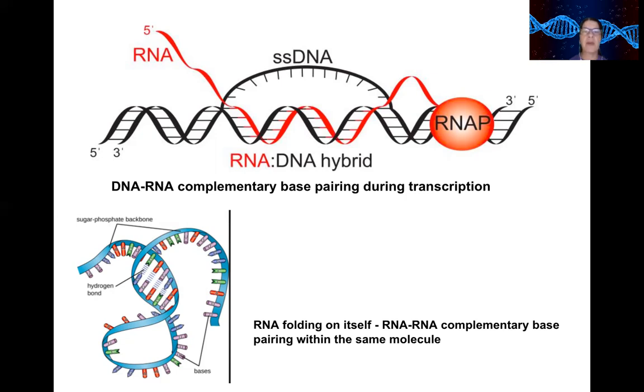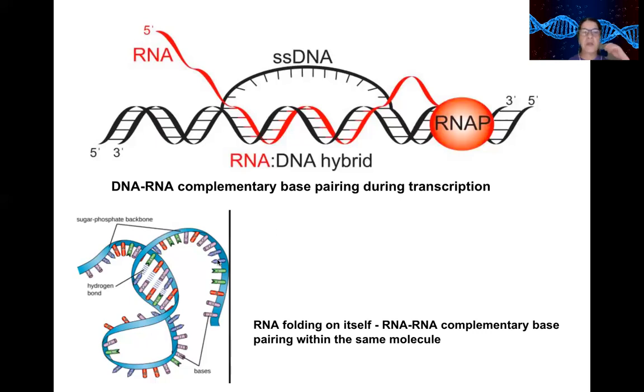Complementary base pairing can occur within the same molecule in DNA as well as in RNA. In a cell, we always say RNA is single-stranded, DNA is double-stranded. In reality, although RNA is single-stranded, RNA is never fully stretched out. RNA forms complex structures by folding on itself using base pair complementarity.